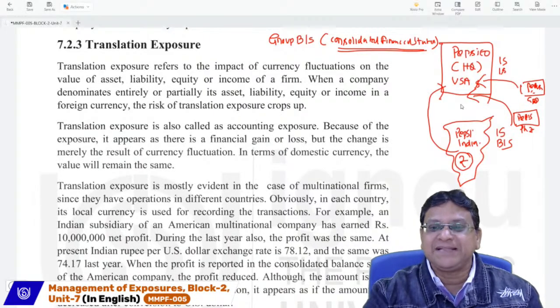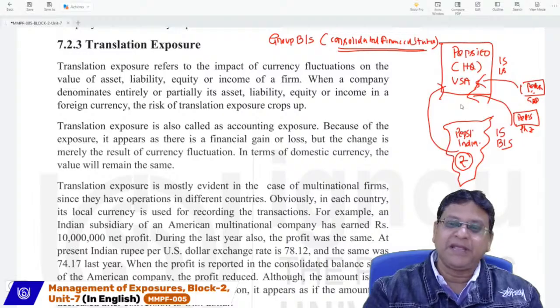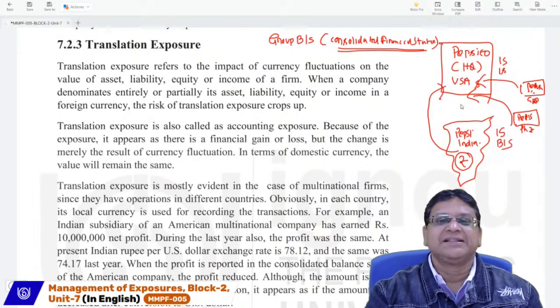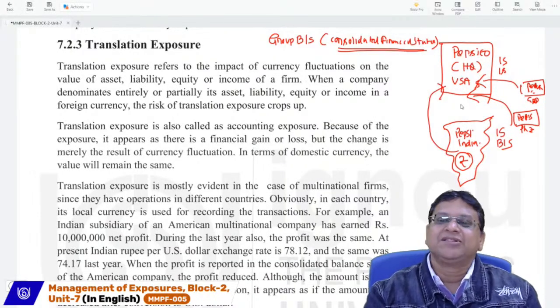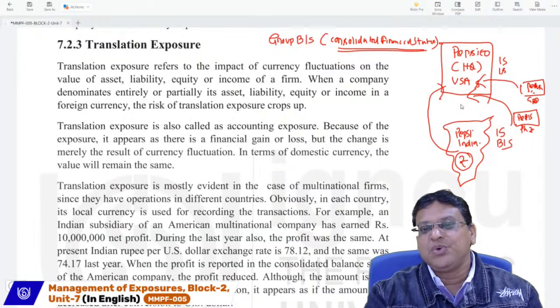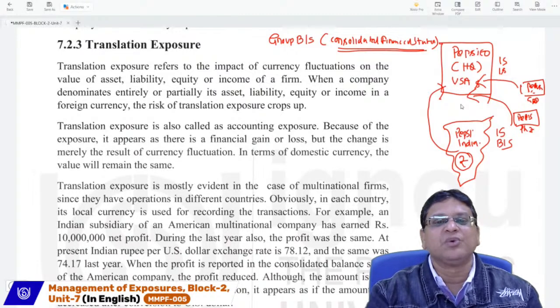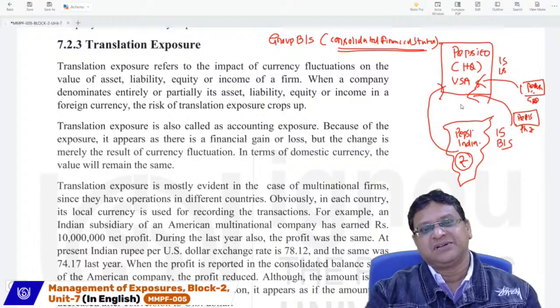And while preparing this consolidated financial statement, if there is fluctuation in the exchange rate, then what will happen? In that case, practically the asset value may be the same, but due to exchange rate variation, the consolidated figure will change. That is known as translation exposure.